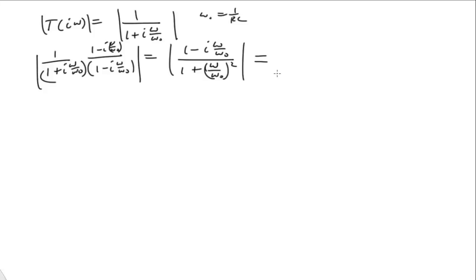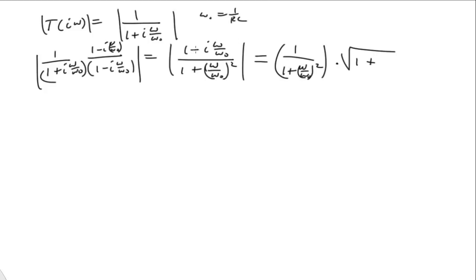real and imaginary part. First of all, the denominator is real valued, so we can take that out. Then look at this part right here. It's going to be the square root of the squared components, so it would be 1 plus omega over omega naught, squared.